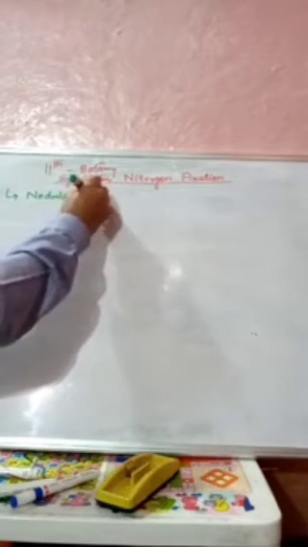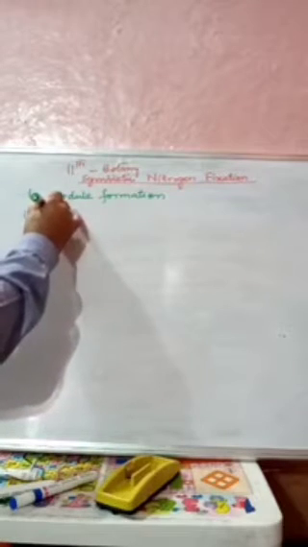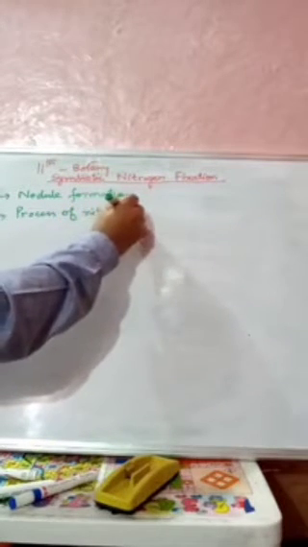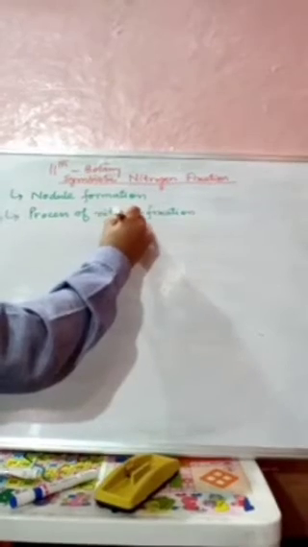The first heading is nodule formation, and the second heading is the process of nitrogen fixation, and that fixation is biological. Now let us try to discuss first this nodule formation, how these nodules are formed.